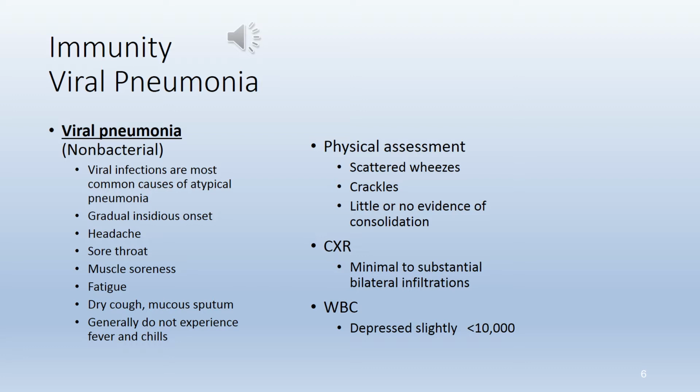On physical assessment, you can hear scattered wheezes, crackles, and there may be little or no evidence of consolidation. In a chest x-ray, they may have minimal to substantial bilateral infiltrates. When we do labs, if we look at their white blood cells, they will be depressed slightly, less than 10,000.